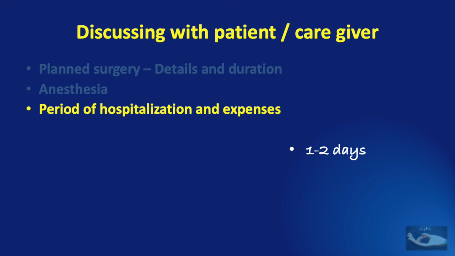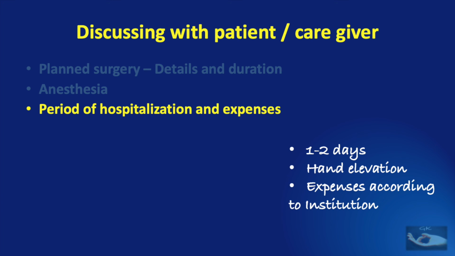Usually the period of hospitalization would be a couple of days. The need for hand elevation should be explained to the patient, and the expenses should be explained according to the situation and the institution. And the importance of review as an outpatient after being discharged from the hospital should also be informed to the patient.